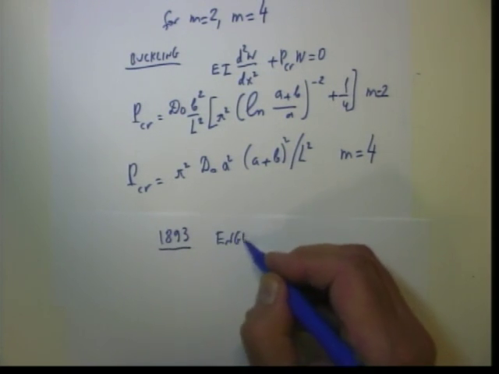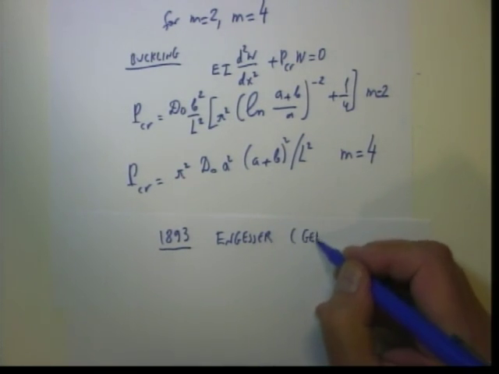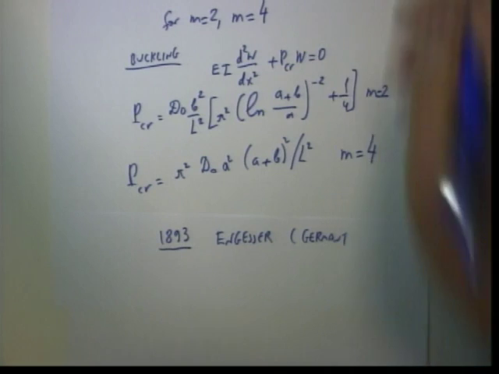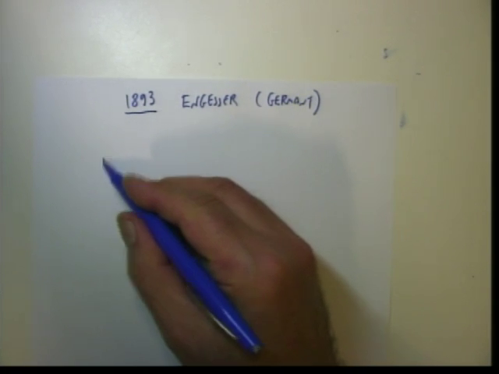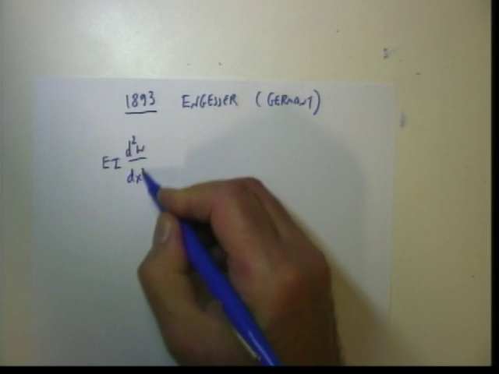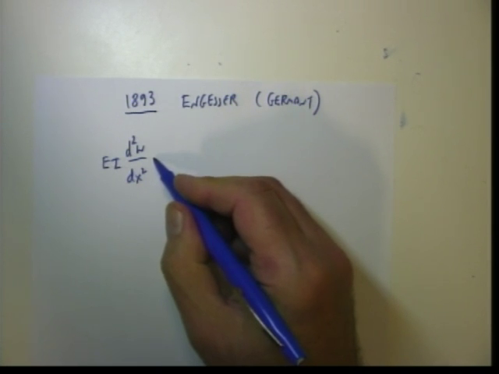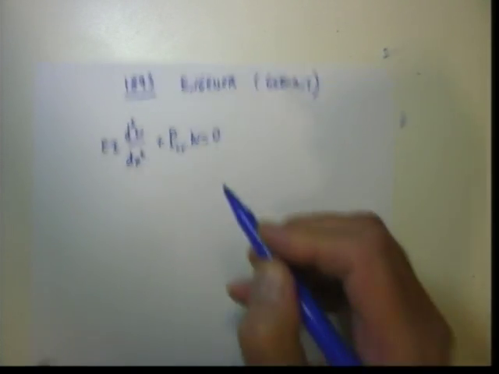Engesser, that is from Germany. So what he has is as follows. Look, please. He says EI d2w/dx2 plus P critical W equals 0.